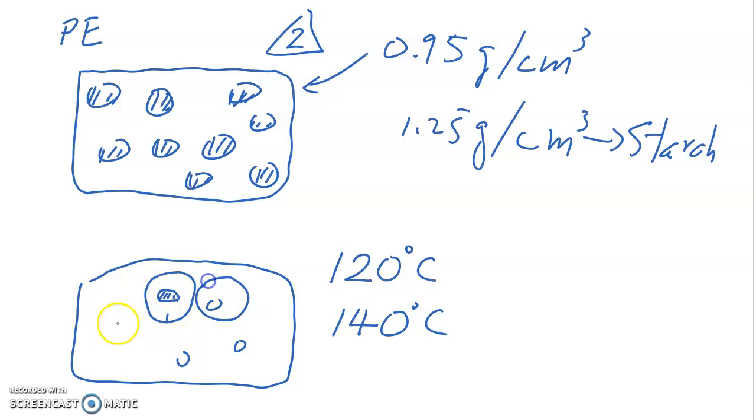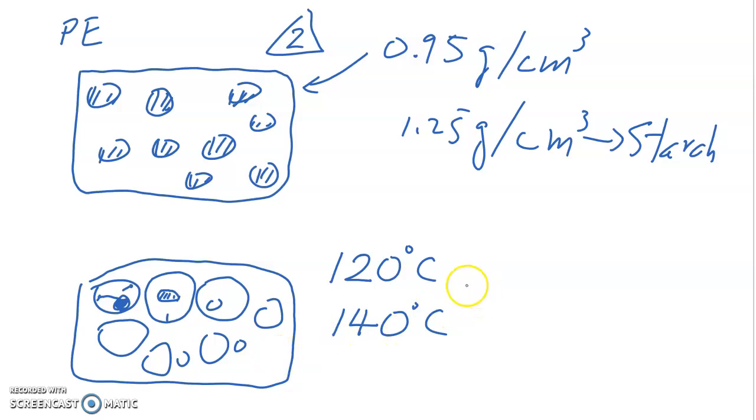So what happened is that the starch makes it bubbly, like this. Here's the starch where the water inside the starch, or the moisture, actually boils out and forms these bubbles or voids. In other words, this student was foaming the polyethylene.